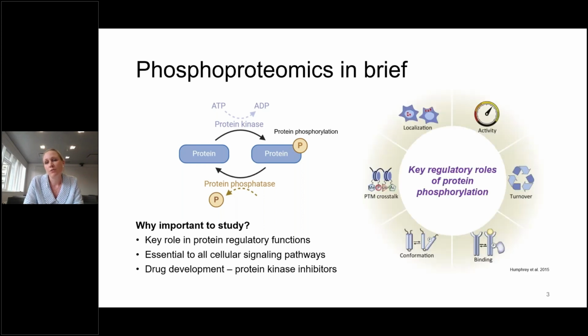I just highlight some of them here to the right. It can affect protein localization, activity, turnover. It can introduce conformational changes and so on. It's basically essential to all cellular signaling pathways and also important for drug development as many small molecule inhibitors actually target protein kinases and thus affect protein phosphorylation.